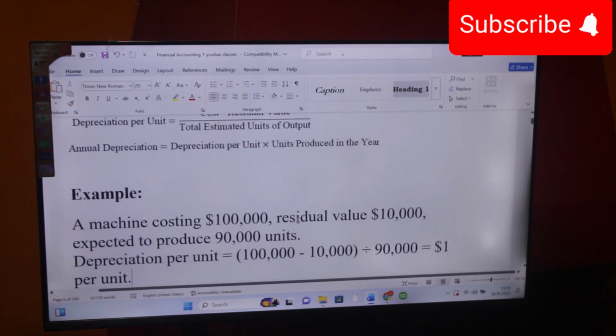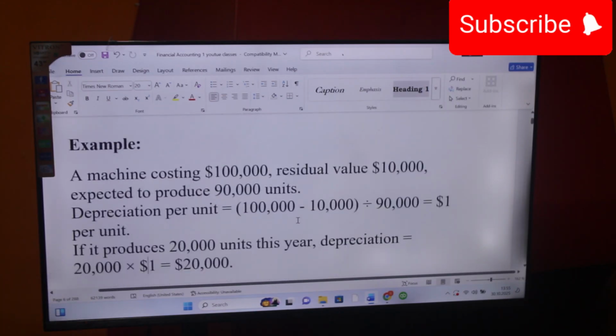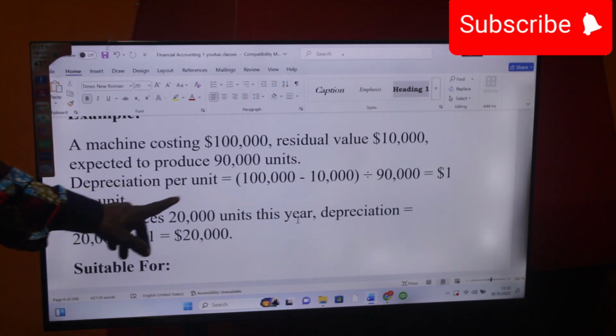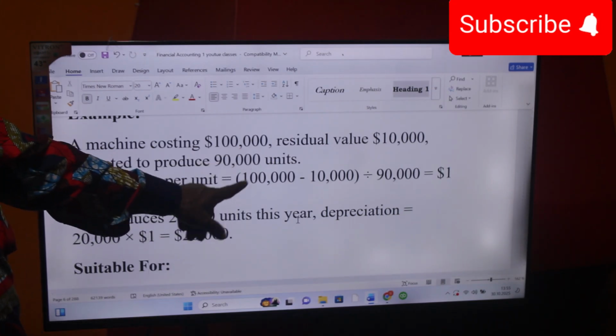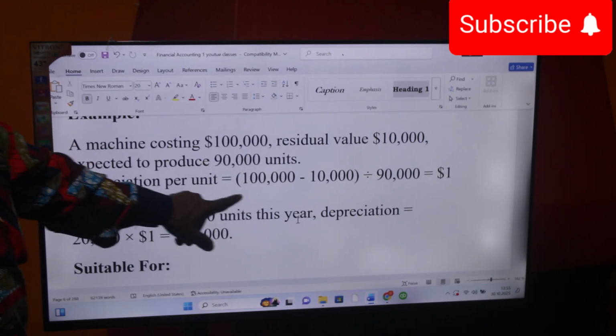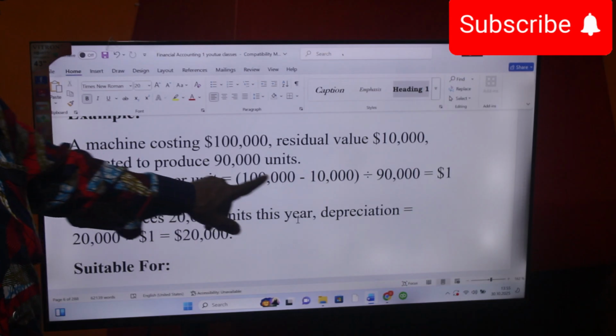Take an example: a machine costing 100,000 US dollars, residual value is 10,000, expected to produce 90,000 units. Therefore, for depreciation per unit, we don't charge depreciation for the residual value. So it is 100,000 minus 10,000 residual value, you get 90,000.